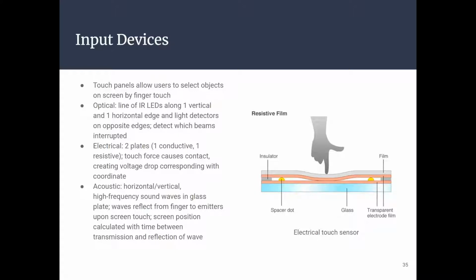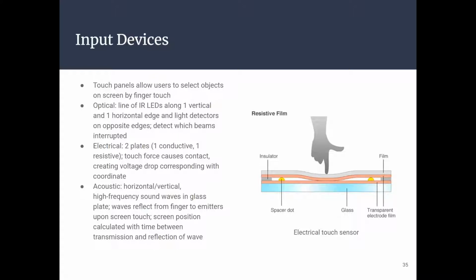The second type is electrical. There are 2 plates, one conductive and one resistive. A touch force causes these 2 plates to contact, which causes a voltage drop, which corresponds to a coordinate. Lastly, we have acoustic touch panels. There are horizontal and vertical high-frequency sound waves in the glass plate.